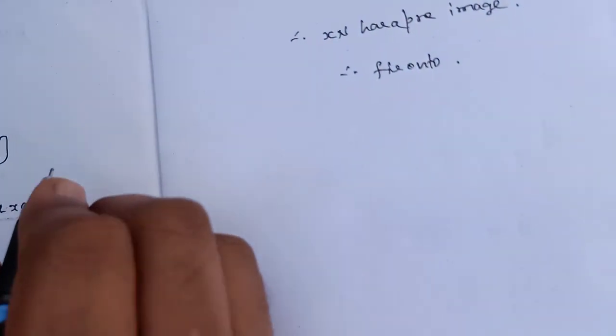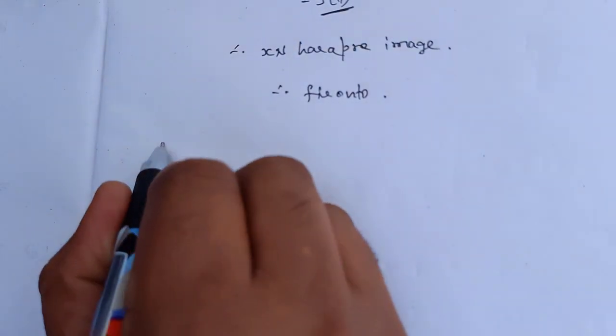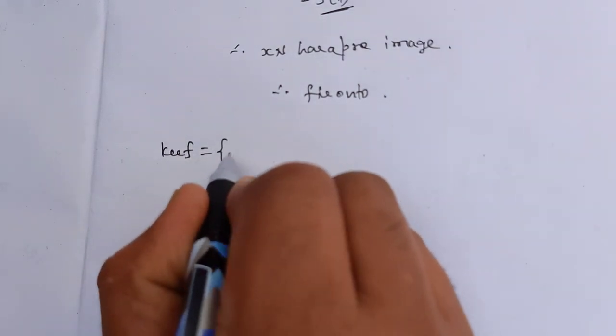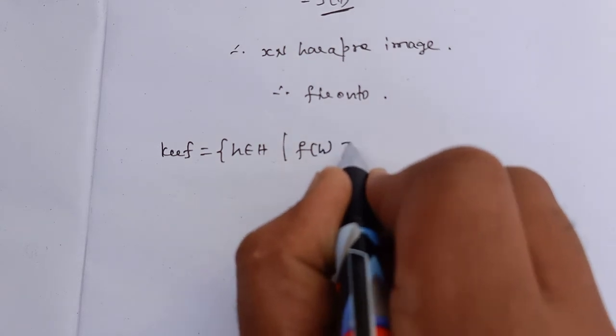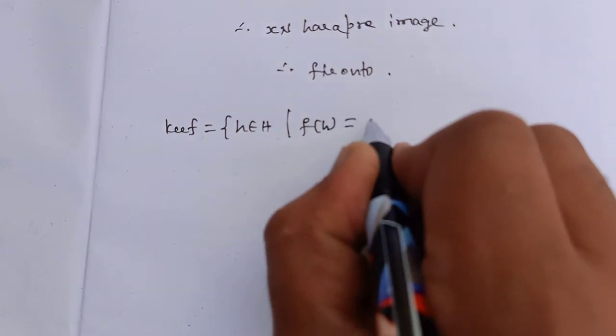And to apply the first isomorphism theorem, we need to find the kernel of f, that is the set of all h belongs to H such that f of h is equal to N, that is the identity here.